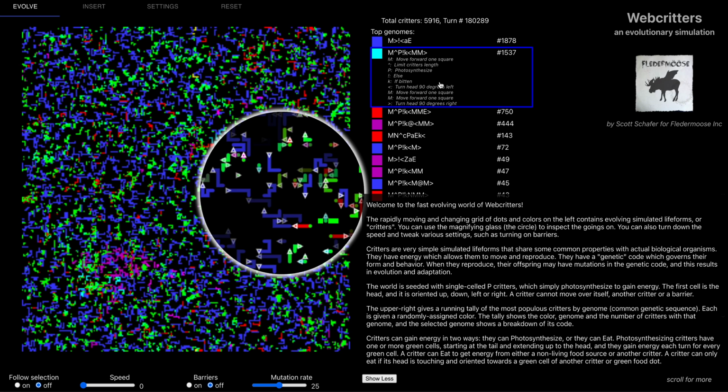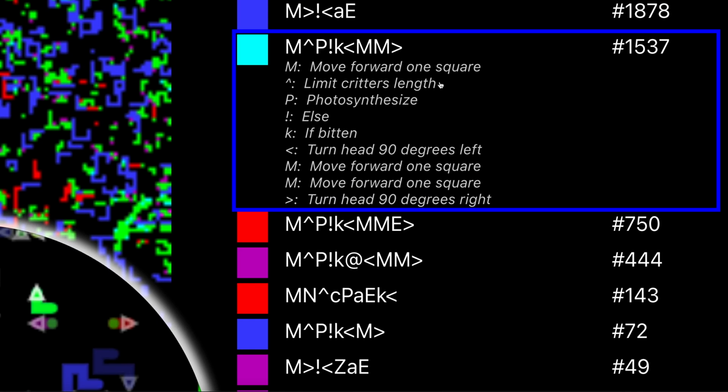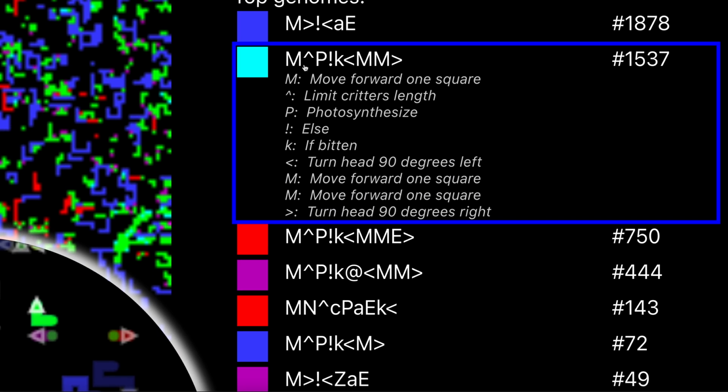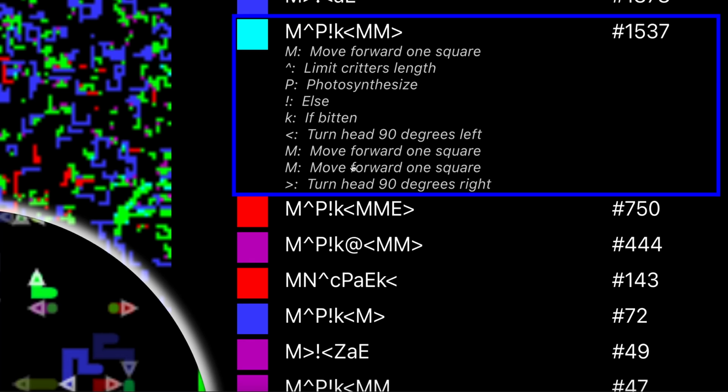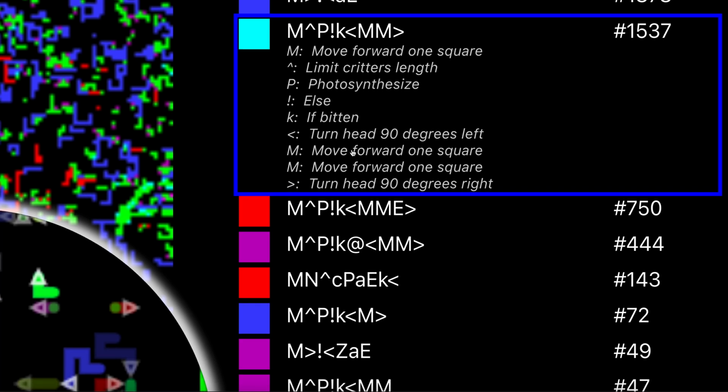But this critter here is more complicated, even though it's going to have fewer instructions because it uses this instruction to limit its length. So this critter, again, we'll start at the if. It says if it's bitten, then it's going to do a number of things here. It's going to turn its head, move, and then turn its head again, move again.